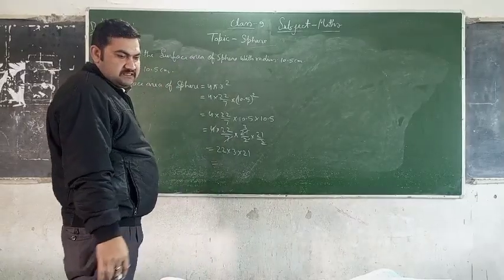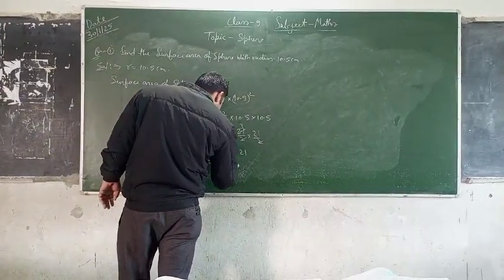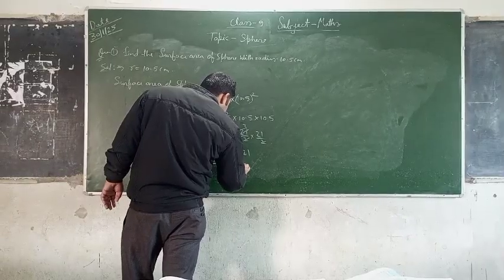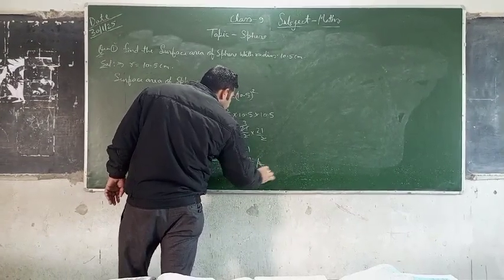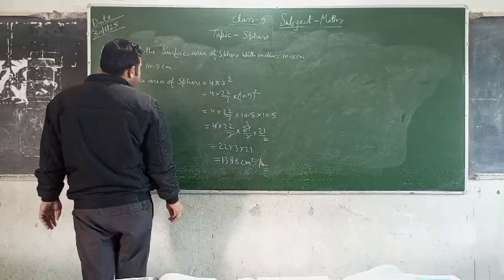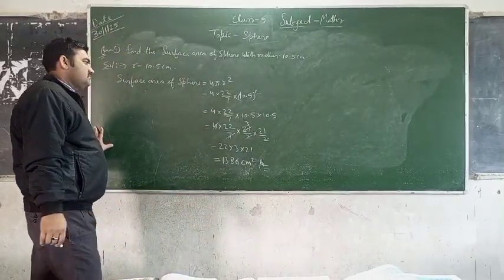Multiplying all of these, this is 1386 centimeter square, and this is your answer.